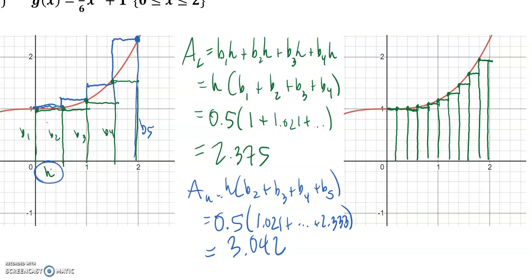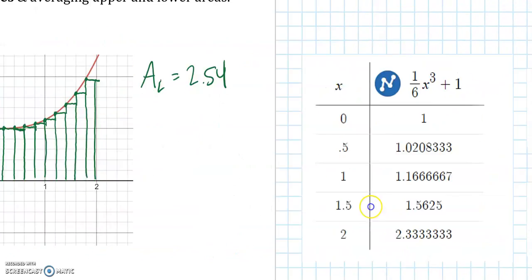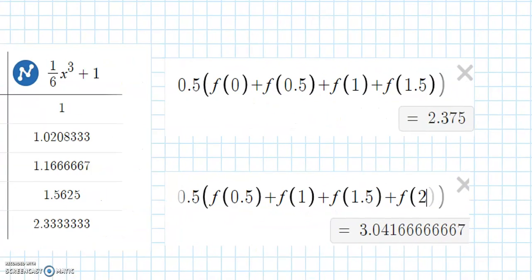Now you can have Desmos do this cool thing for you. If you define the function, putting into Desmos f of x equals 1/6 x to the third plus 1, I can have Desmos do all the calculations of the bases. So I can take the height times the left-hand bases, the 4 of all those bases.